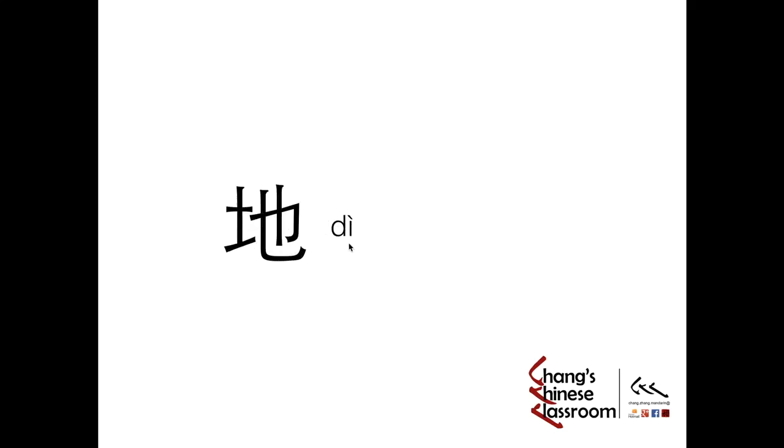Next one, 地. Alright, this is an Asian character. The left part, that's 土, means the mud, right? And the right part means something heavy from the heaven dropped down to the earth. And this original character means the earth, right?